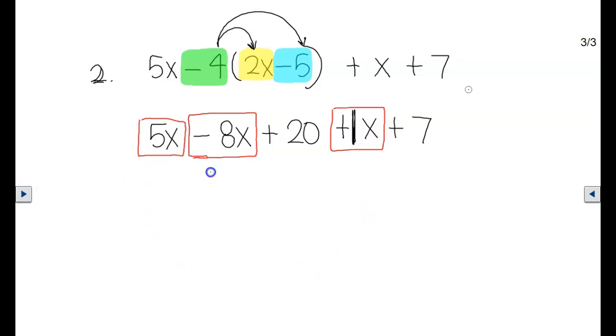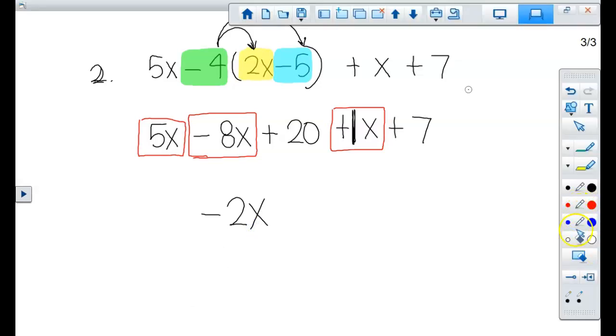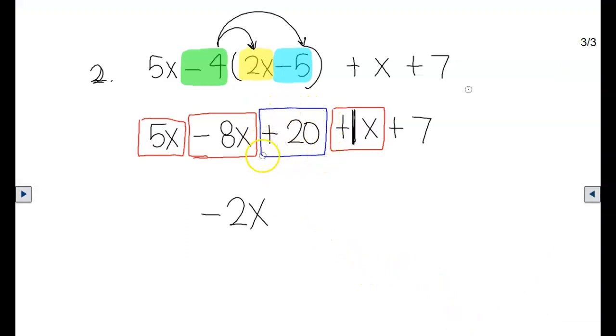5 minus 8 is negative 3. Negative 3 plus 1 is negative 2. And don't forget to reattach that variable part. Keep it the same though. All right, then I have my plus 20, my positive 20. Notice he doesn't have a last name. He doesn't have a variable part. This plus 7 is like that as well.